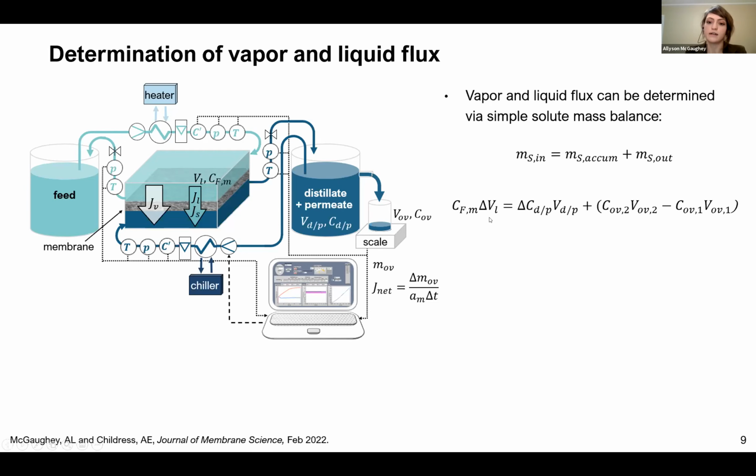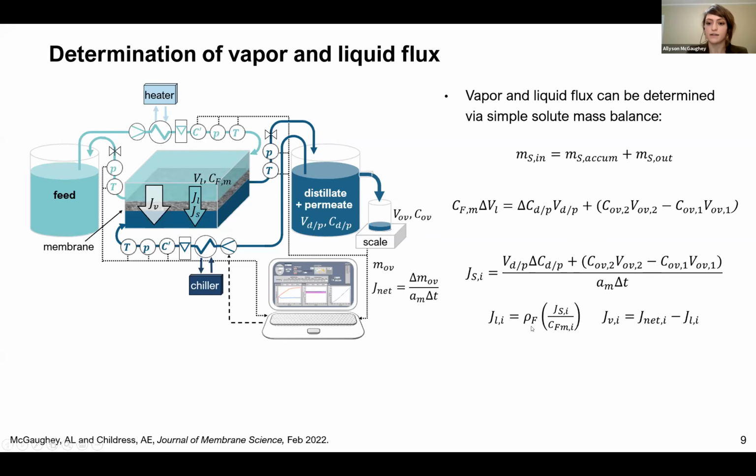So if we equate these mass terms to concentration by volume, we obtain this, and we can determine solute flux simply as shown here. And liquid flux finally is obtained just by using the known density and the known concentration of the feed solution. And then vapor flux is very simply obtained by subtracting liquid flux from net flux, with everything being in units of mass per membrane area per time.